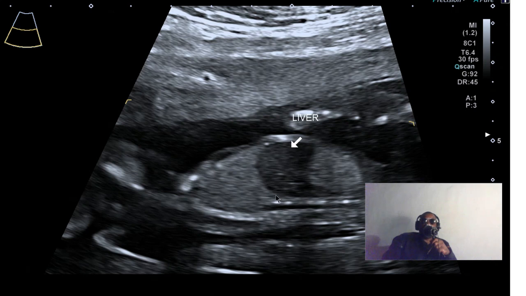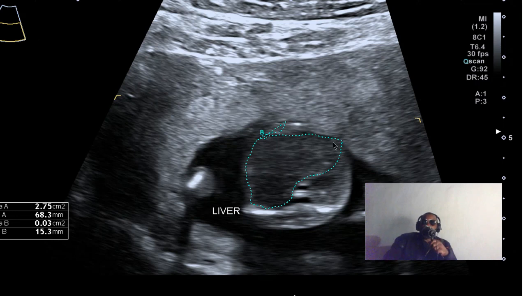It's coming all the way from the posterior, adjacent to the spine, to the anterior portion of the fetal abdomen, and is adjacent to the abdominal skin. This is a markedly enlarged liver.